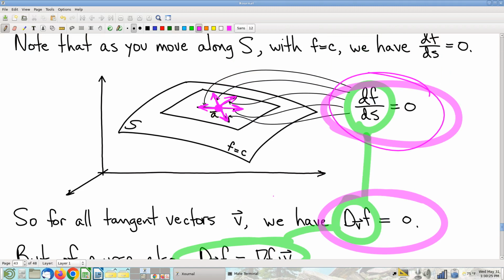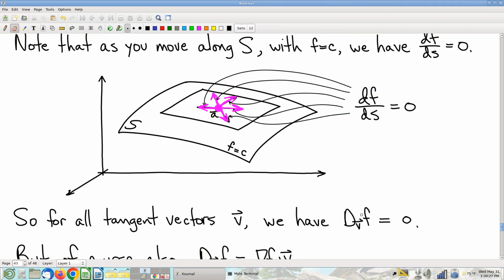Because that's a great question. As you are moving, if I wanted to make sense out of what I mean by df, ds, this doesn't make any sense unless it's understood which direction you're going, right? So this only makes sense if I know that I'm moving in that direction. Well, once I know exactly what direction I'm moving, I can describe my motion by parametrizing a curve, and my position on that curve is described by a single parameter, typically t, right?